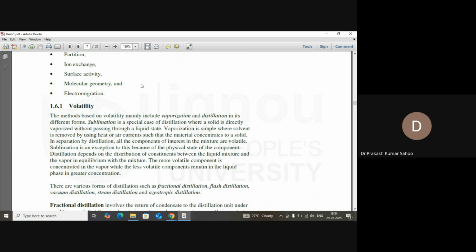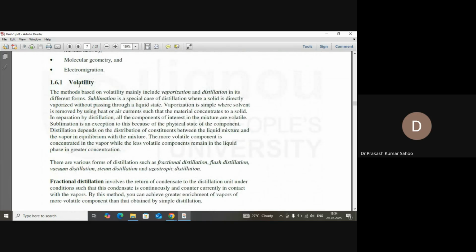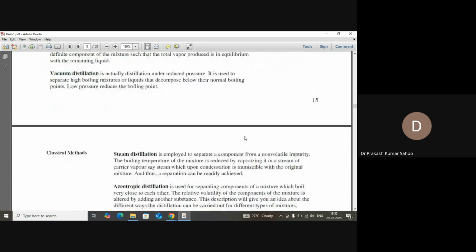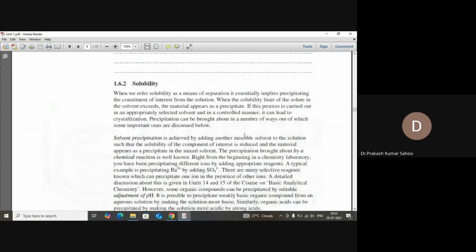Accordingly, your components get separated. For volatility, we have the separation methods: fractional distillation, flash distillation, vacuum distillation, steam distillation, and isotopic distillation. Just read out all these distillation processes, very simple ones.